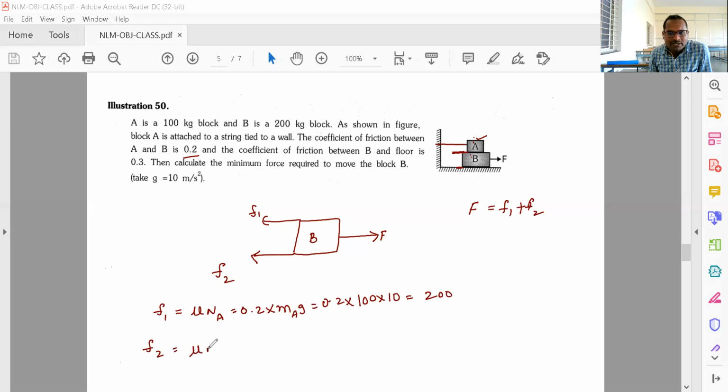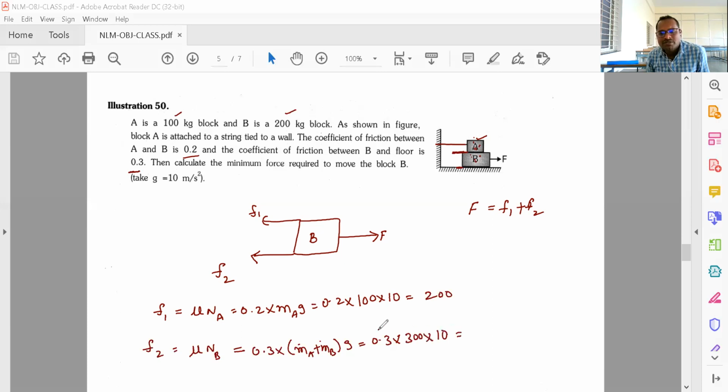And similarly, F2 is mu into normal reaction due to blocks B and A. Mu between B and the floor is 0.3, into the normal reaction, since both blocks are applying weight, that is mass of A plus mass of B into g. So 0.3 into mass of A plus mass of B. Mass of A is 100 kg, mass of B is 200 kg, so total is 300 kg into acceleration due to gravity 10.